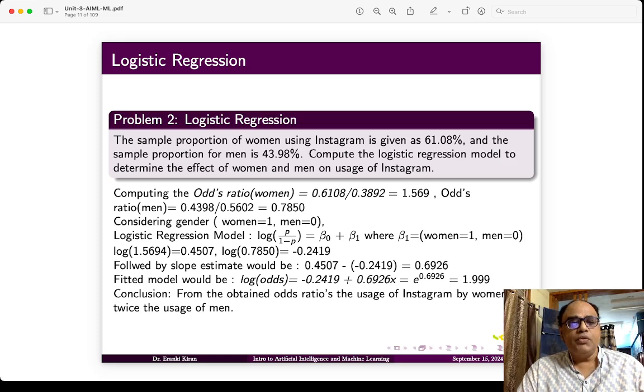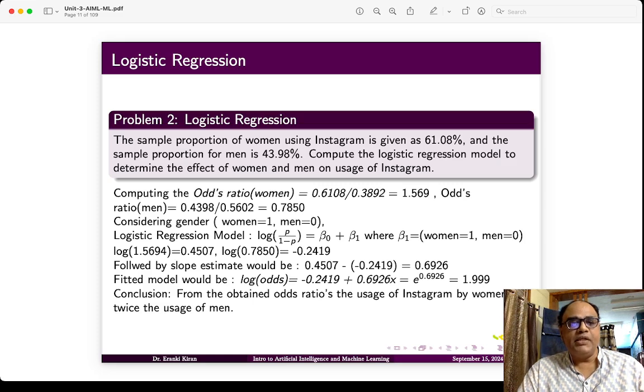So we get 1.5694 to 0.7850. The slope estimate turns out to be 0.6926, because we substitute 0.4507 minus of minus 0.2419.